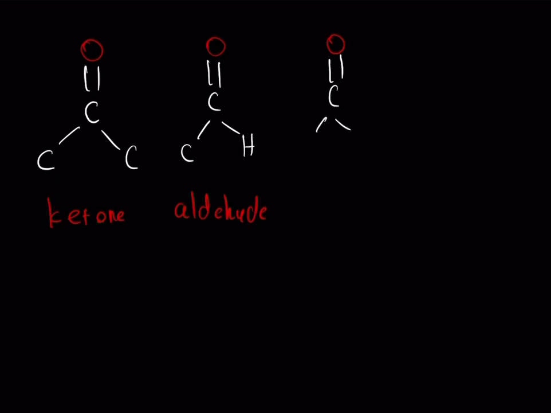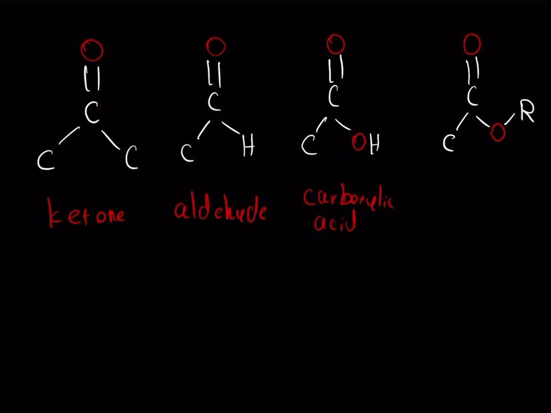If the carbon is attached to another carbon and an OH, this is a carboxylic acid. And if the carbon is attached to an oxygen, and that oxygen is attached to whatever other carbon chain that keeps going, and then you have a carbon at the other end, it's going to be called an ester.